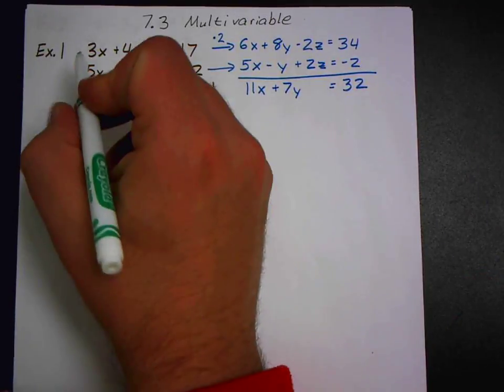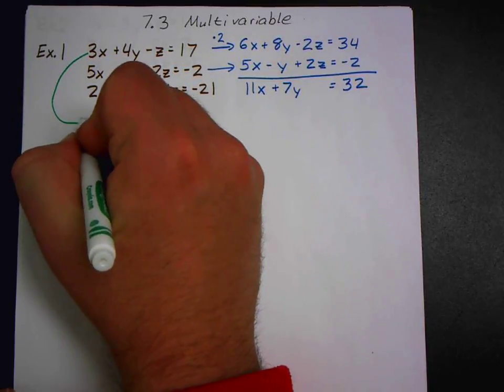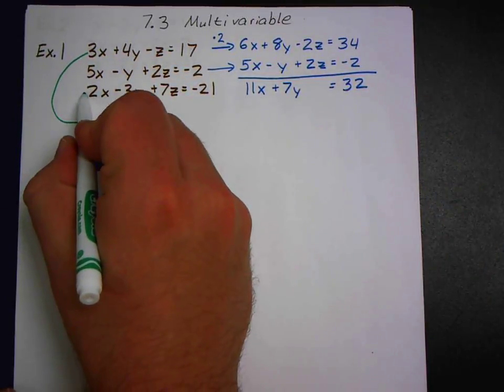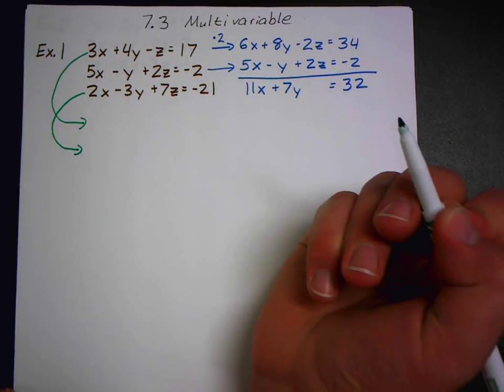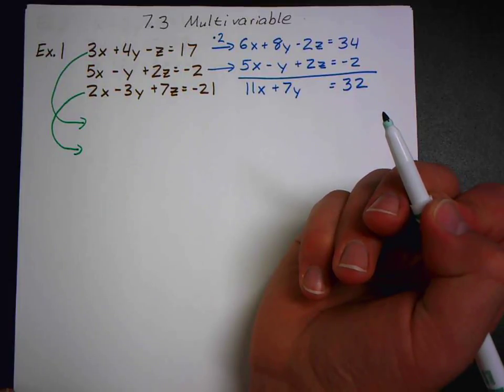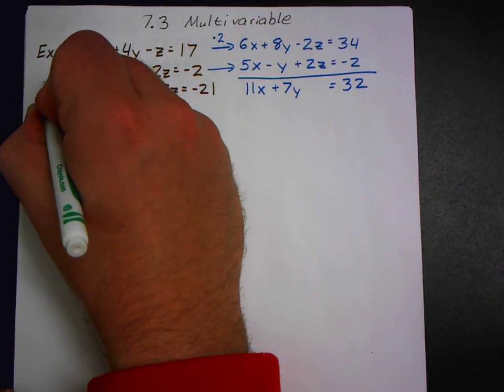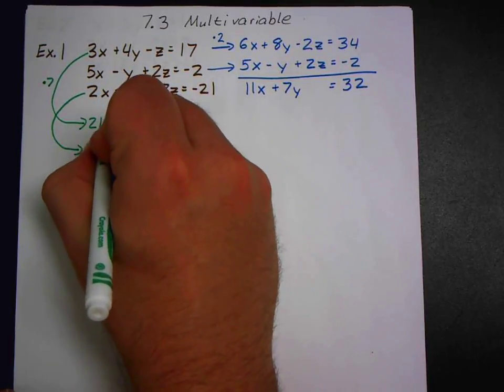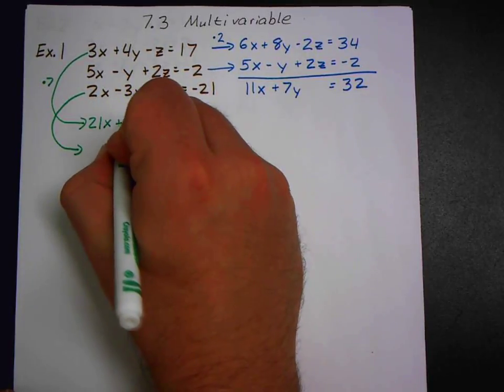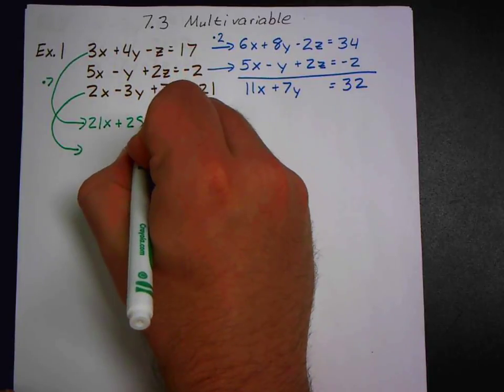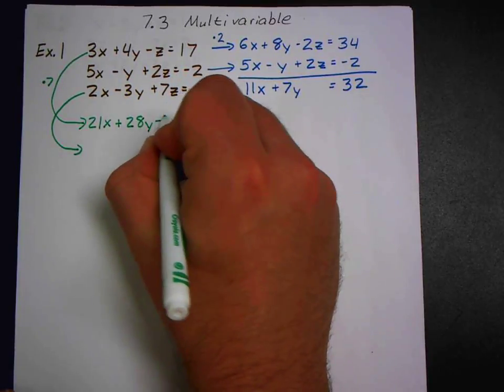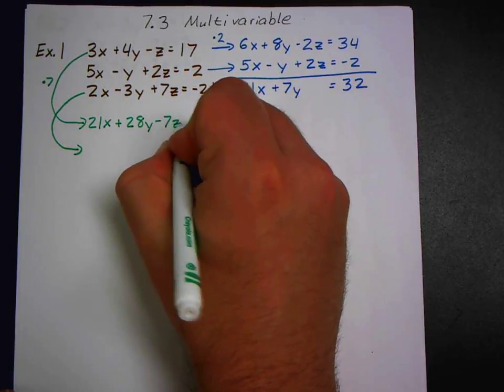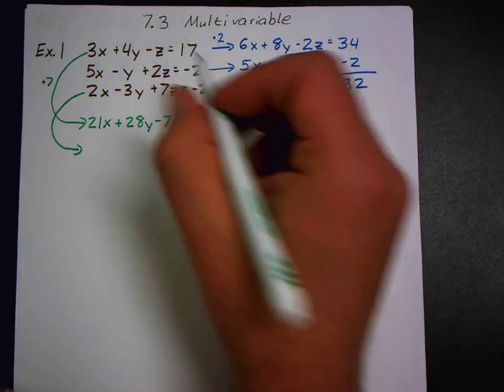So let's see, I'm going to pick this equation here and this one here. So if I take the top equation times 7, I'm going to get really big numbers.